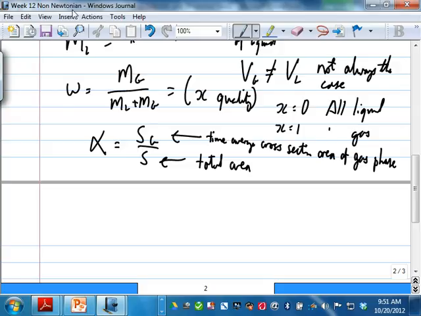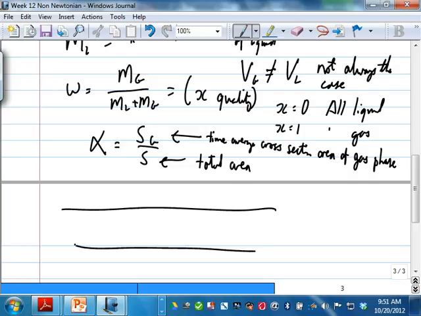Alright, so again, if you just take one snapshot, you might think, depending, maybe you get bubbles at equal separation. In case the flow, you got liquid going here, and then you got bubbles going through like this. If you take an instantaneous snapshot here, you might say, hey, hang on, SG is 0, all liquid.